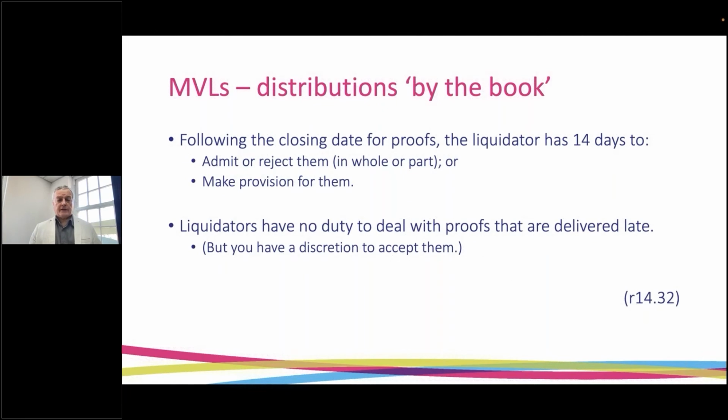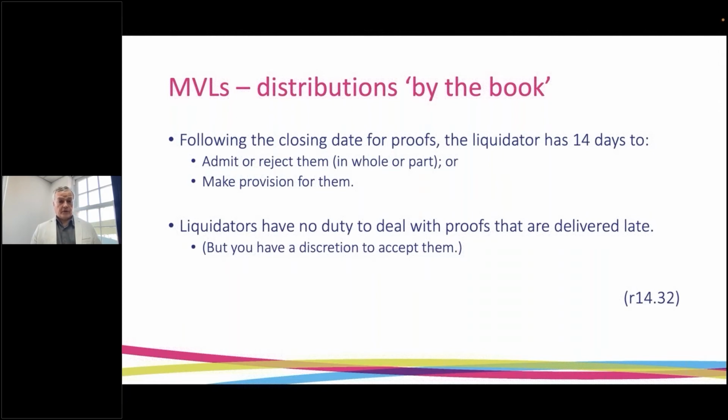Once the date for creditors to deliver their proofs to you has passed, you then have 14 days to make your decision on any claims that you have received. And in that time, you have to decide whether you're going to accept them or reject them in whole or in part.